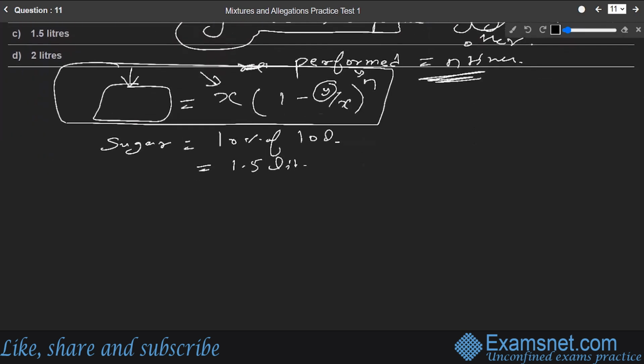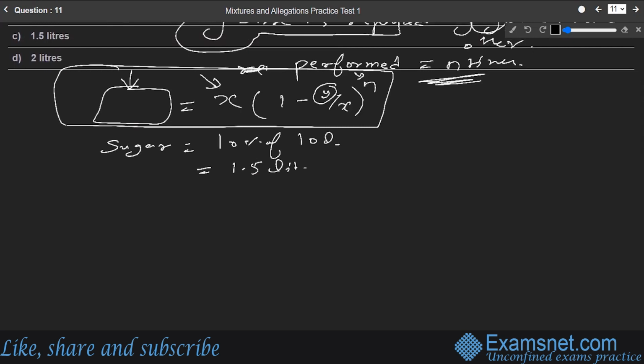Now, what they say is, the amount of sugar left after a liter has been removed twice. So how much sugar would have been left out after two such attempts? We can frame the formula.